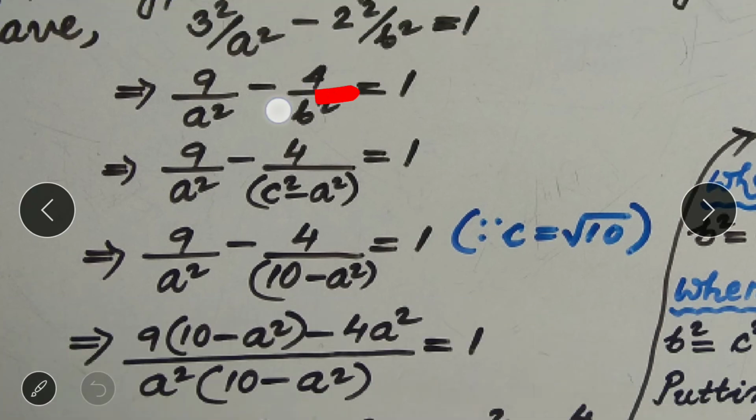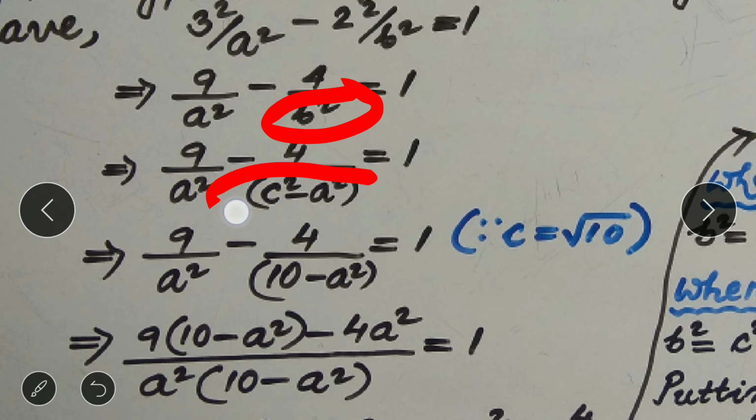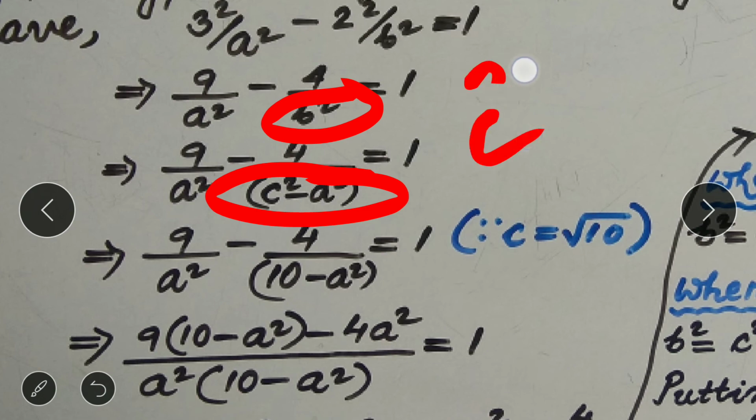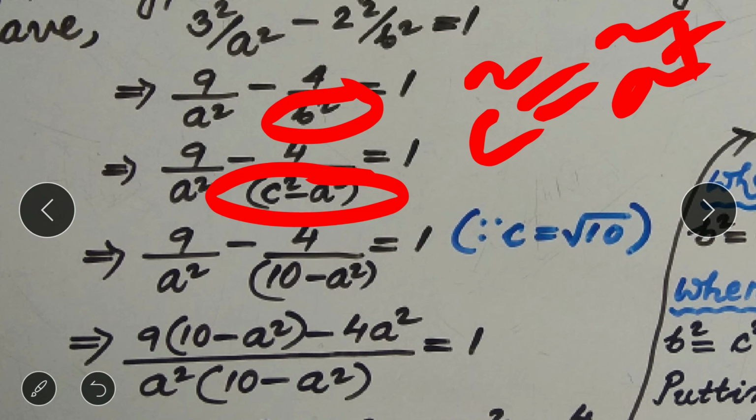After that, in place of b square, we use the relationship, and we put c square minus a square in place of b square. Because we know c square equals to a square plus b square in case of hyperbola. So, we are going to put this relationship here.